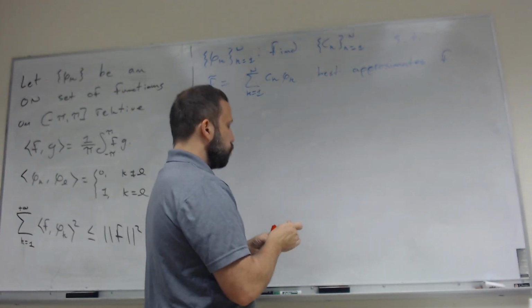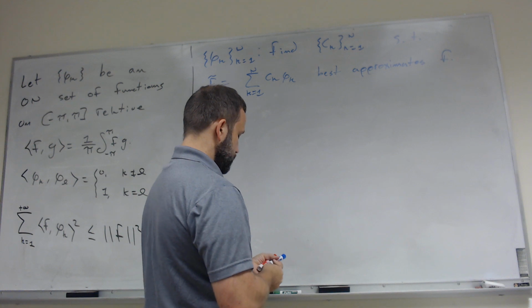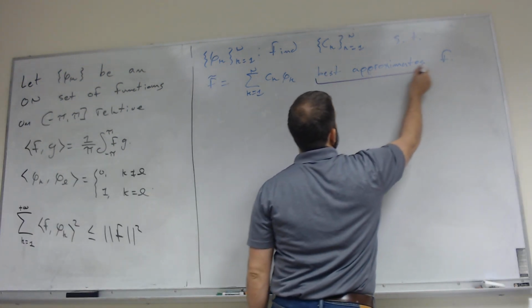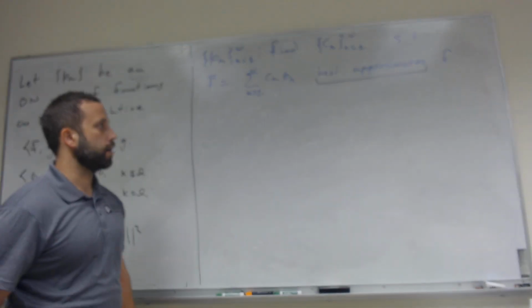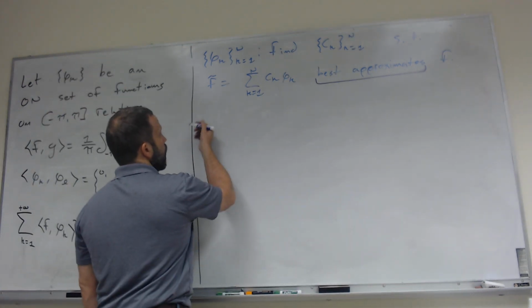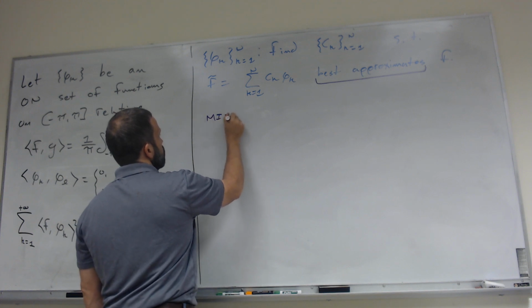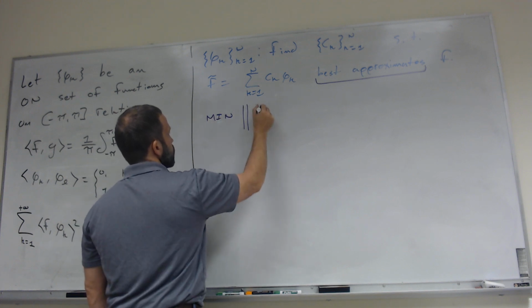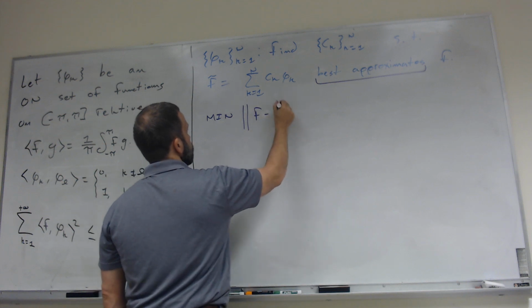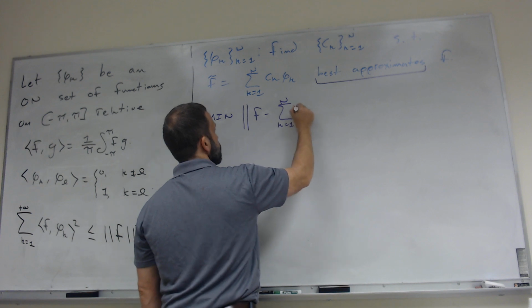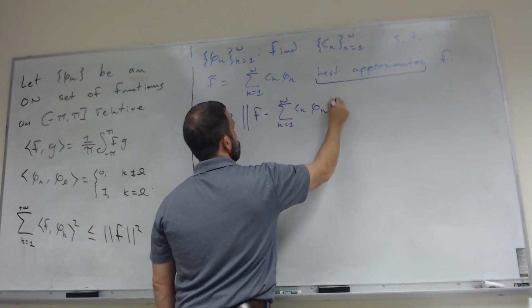Well, okay, what does best approximate mean? This has many different good definitions, but for us, we're going to have this least squared approximation. So in other words, for us, this means we want to find the ck's that minimize the following: the norm of f minus the sum k equals 1 to n of ck phi k.